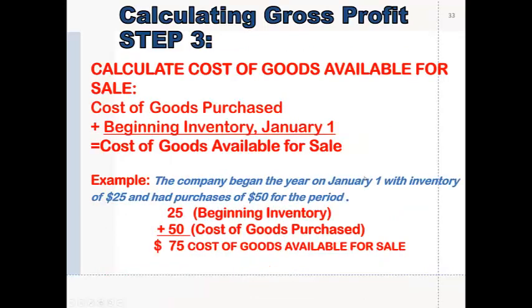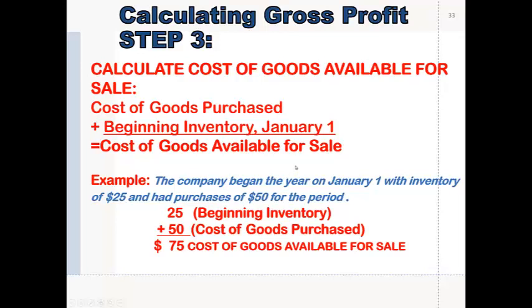All right, the next step is to calculate the cost of goods available for sale. Okay, so we started the year with some inventory already. So typically, a company doesn't empty out their store on December 31st. They try to, I guess, with end of year sales, but they still have merchandise left over. So on January 1st, there's a beginning inventory.